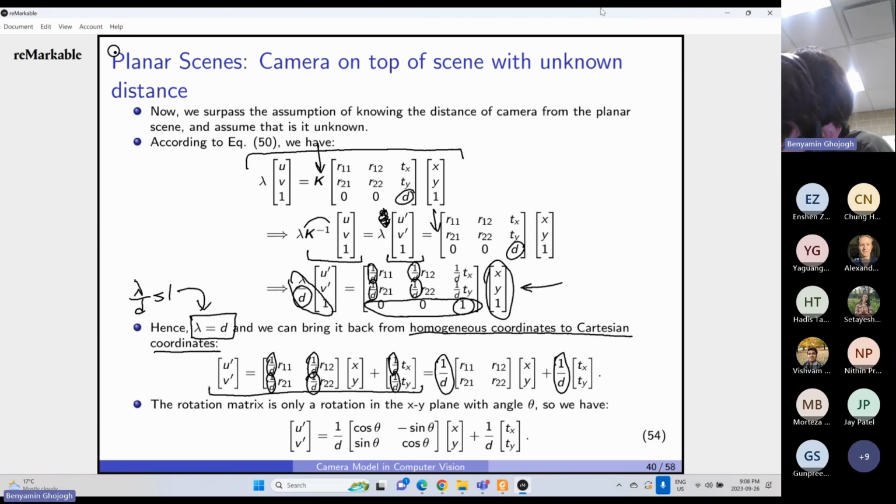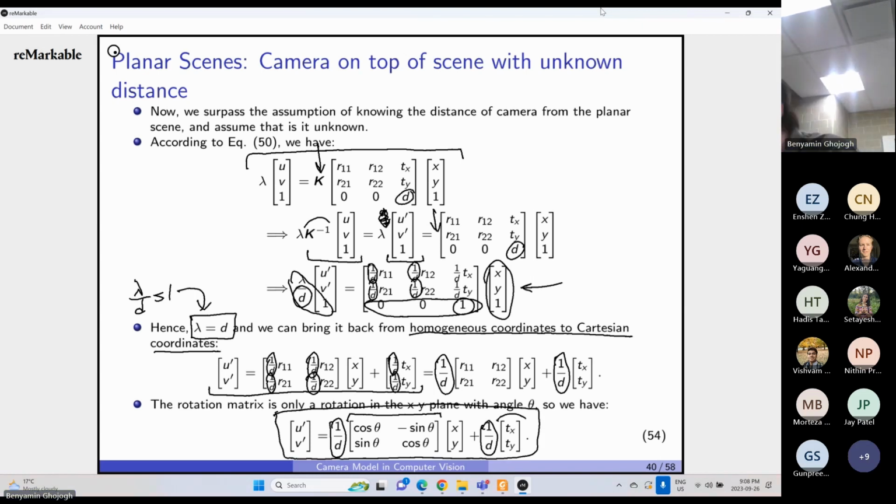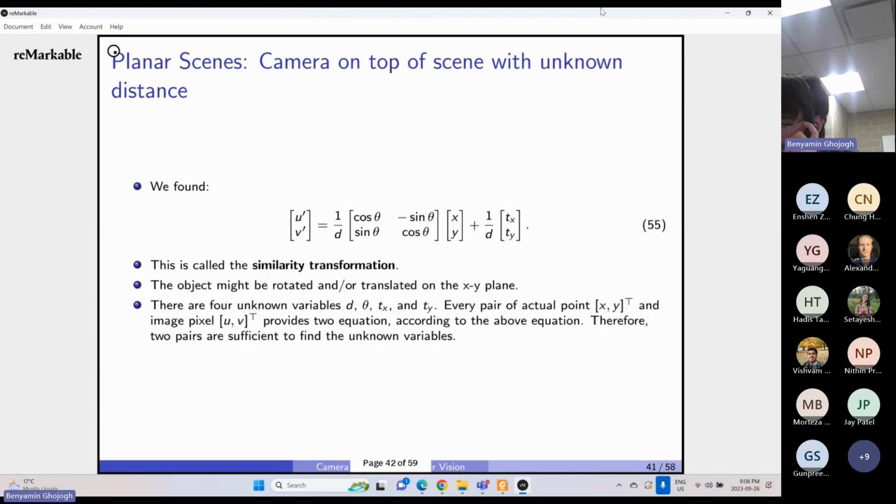I only have 1 over d multiplied to the terms of the equation. This is the rotation matrix. This is the translation vector, right? This is rotation in the xy plane. Interesting. Now, this is the equation that we had. This time, I have 4 unknowns.